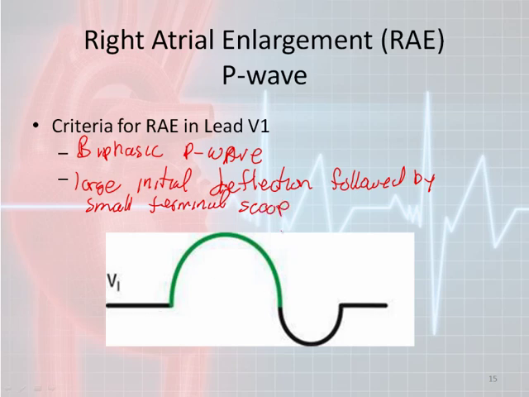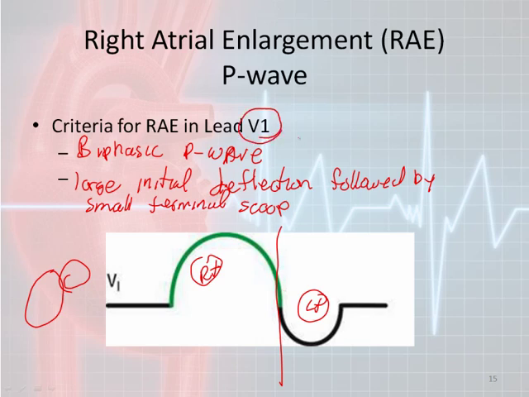Once again, you can separate this into right and left halves. There's your line that divides the right versus the left, and there's your baseline. This technically is the right atrium, and this is the left atrium. Because your right atrium is so much larger than your left atrium, in V1 you'll have this huge initial deflection, this big humping right here, with a very small terminal scooping down here of the left atrium. That is the criteria for the P wave morphology in V1, only in V1.